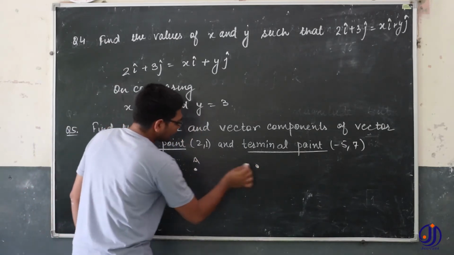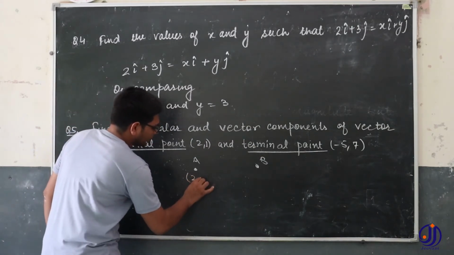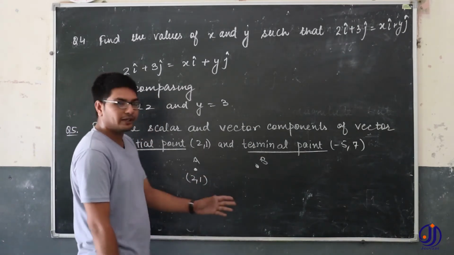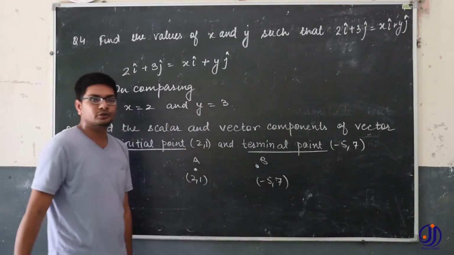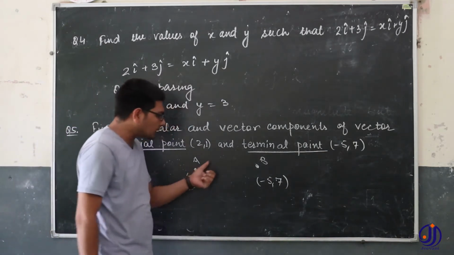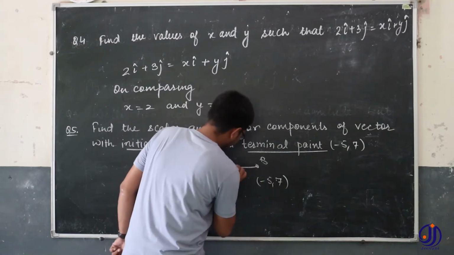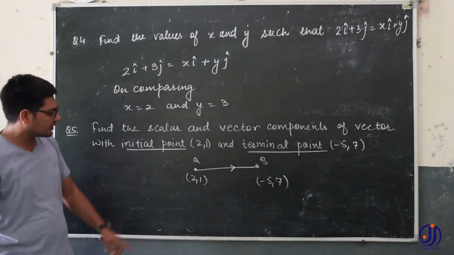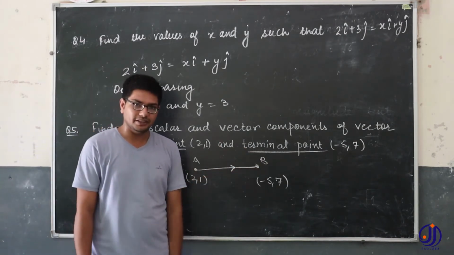This is point A, this is point B. The coordinates of point A are 2, 1 and the coordinates of point B are -5, 7. Now we have to direct a vector from this point to this point, right? Like this. This vector is starting from point A and is ending at point B.